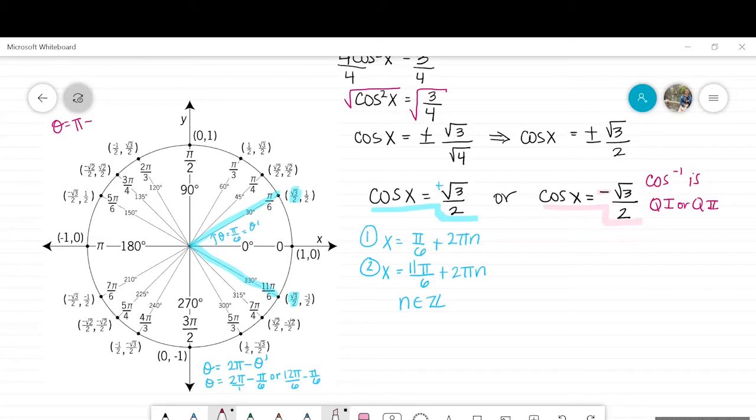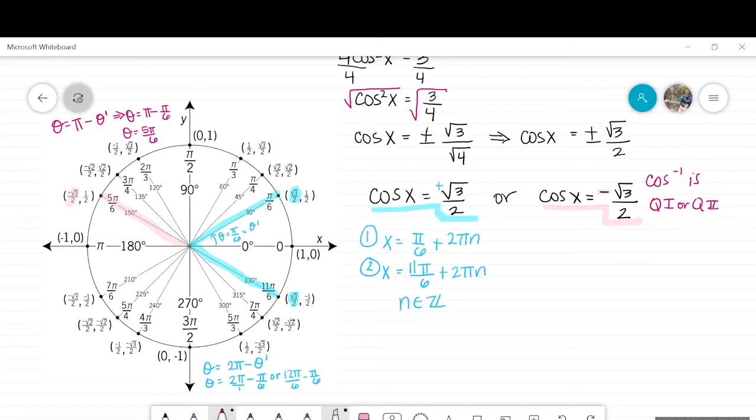Our theta is pi minus pi over 6. I think we've done this one a few times now. That's 5 pi over 6. So that's right here, and you can even visually see on a unit circle that cosine is negative root 3 over 2.